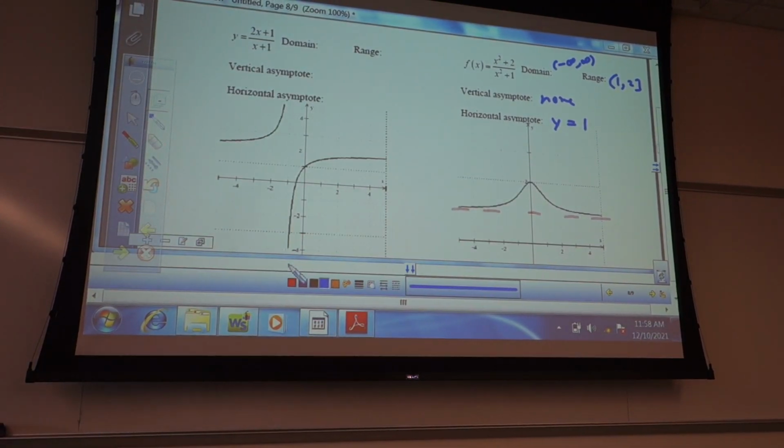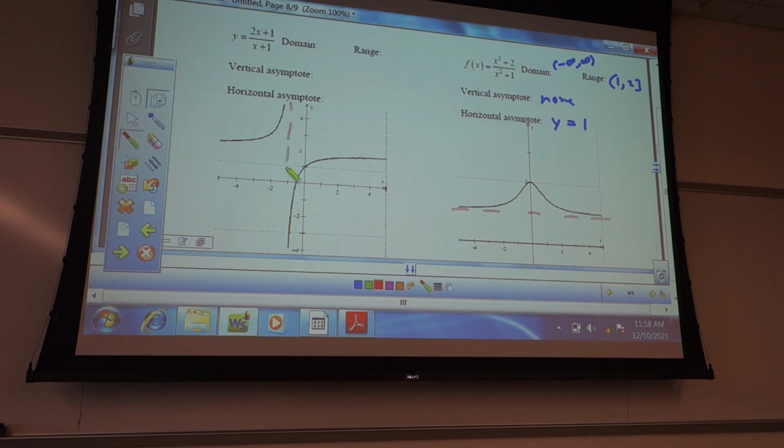So did everyone draw in the asymptotes? The dotted lines should go right through here, and right through there. Everybody has them? So what's my domain? Everything except for what? -1. Yep, x can't be -1. That's the domain. What's my range? 2. Y can't be 2.